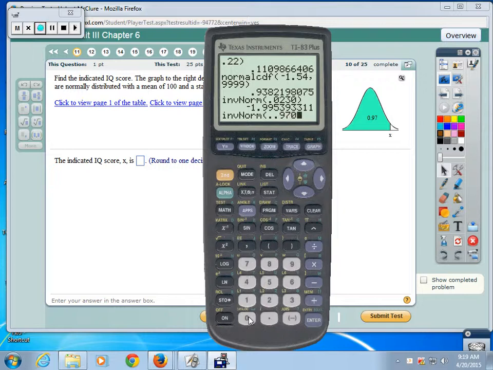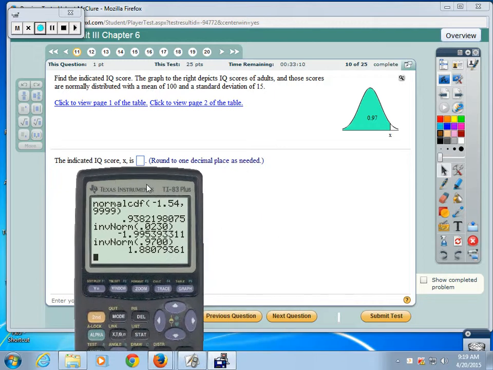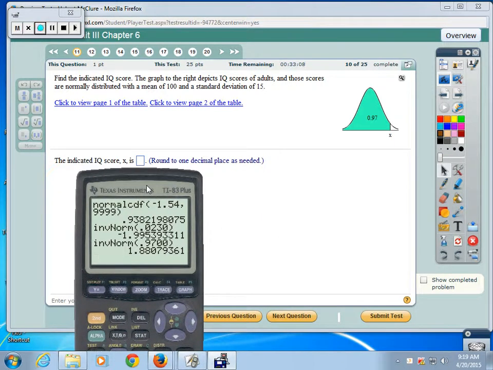That's right, class. 1.88. Well, that's not what they're asking. What are they asking for? So they're looking for X, aren't they? X is equal to what? Zσ plus μ. Thank you.